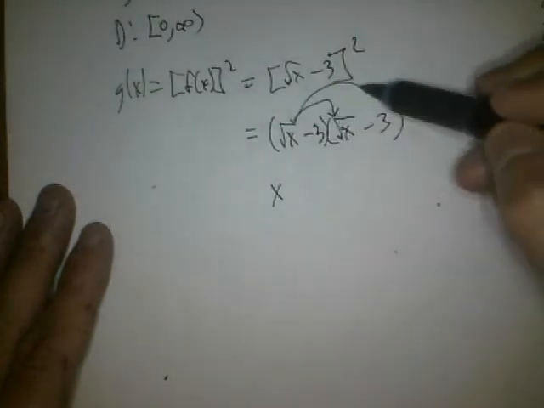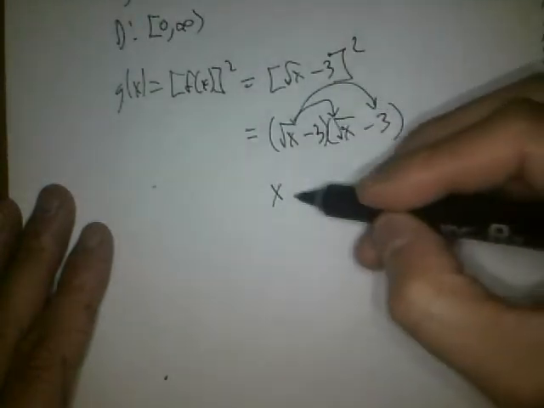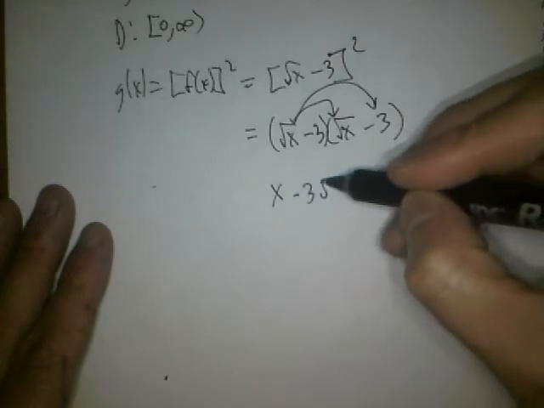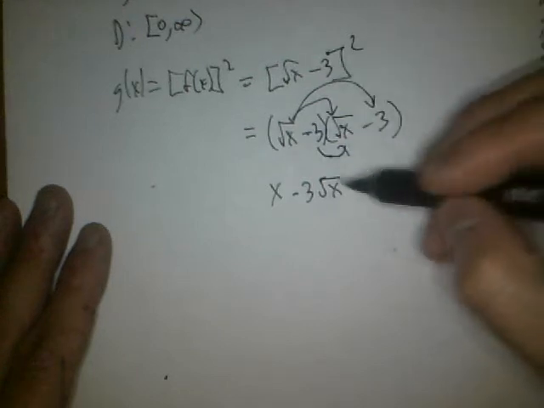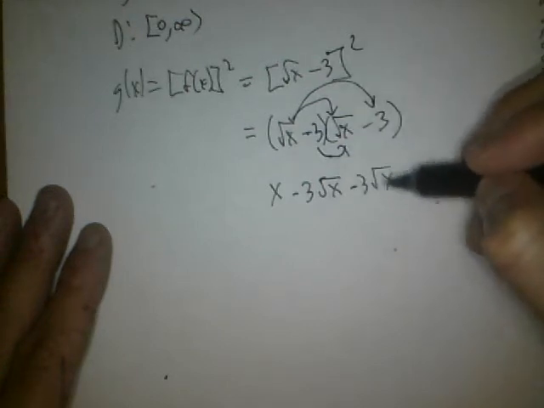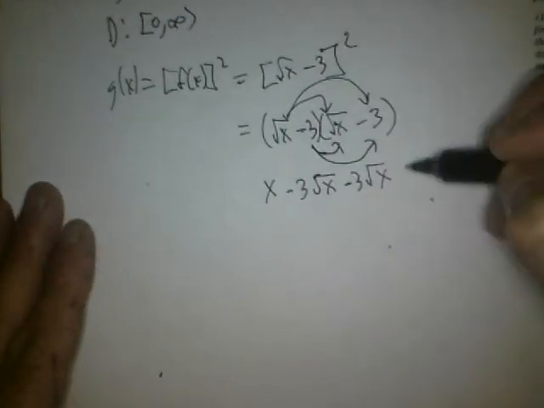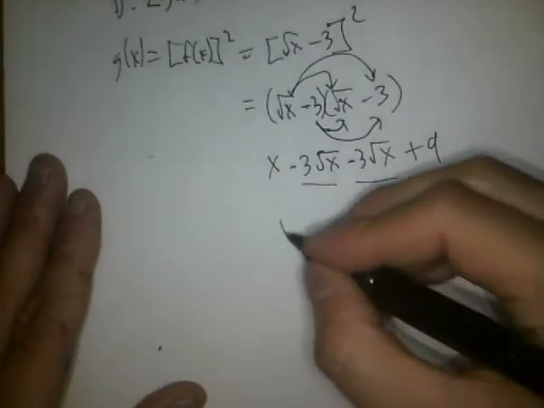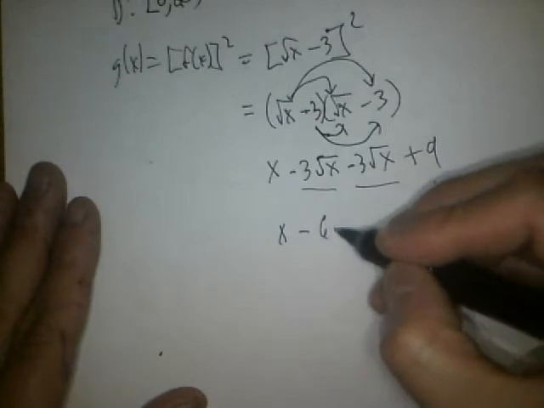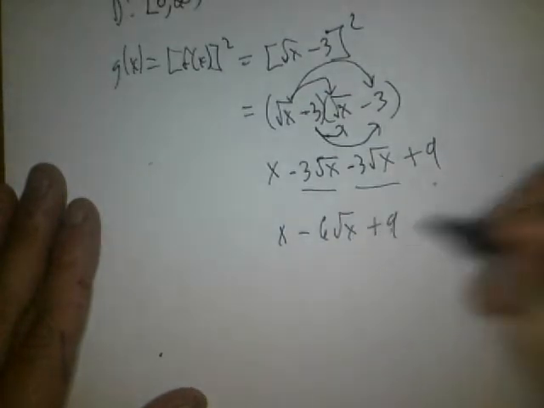Square root of x times negative 3 is negative 3 square root of x. Negative 3 times square root of x is negative 3 square root of x, and negative 3 times negative 3 is plus 9. Gotta combine like terms. So what we get is x minus 6 root x plus 9.